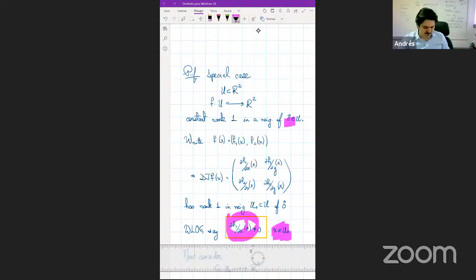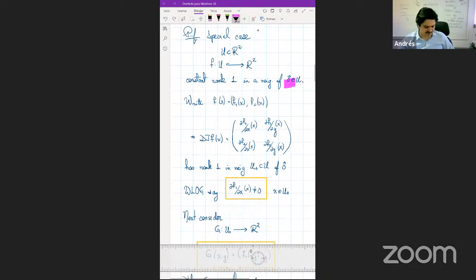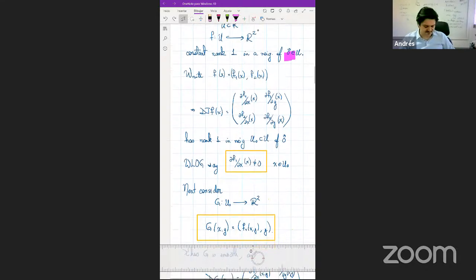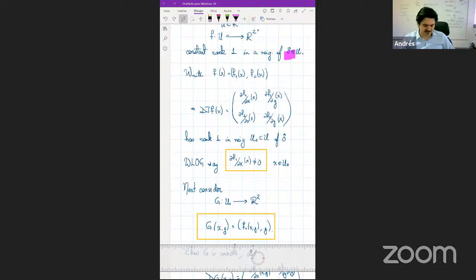So the partial derivative is non-zero there. Now I'm going to consider a new function defined like this.